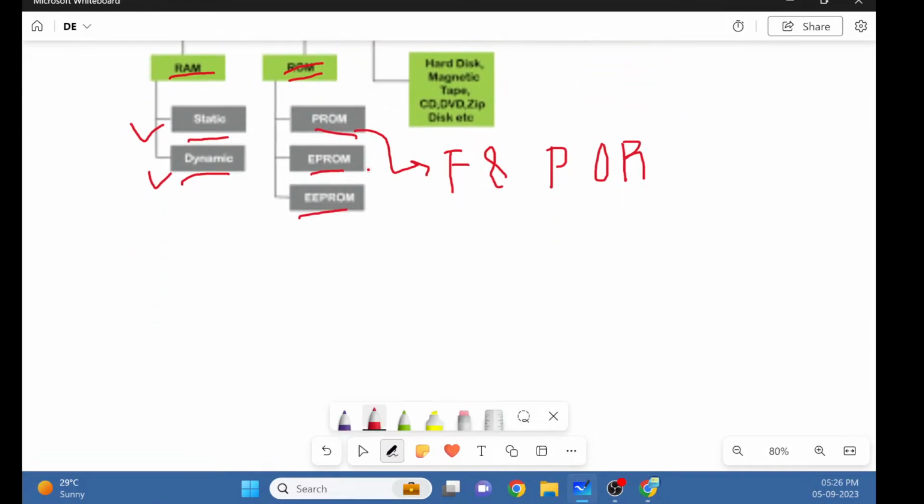Now if I consider PAL, programmable array logic, and PLA, programmable logic array, these are also 2 types. Now in this case we can say that we have programmable AND but we have fixed OR.